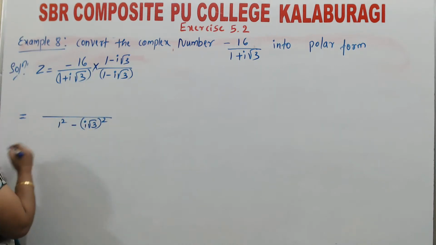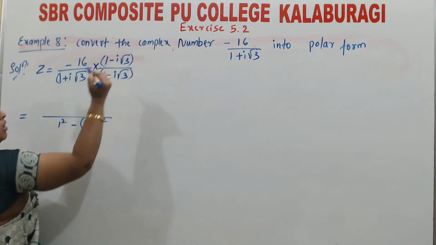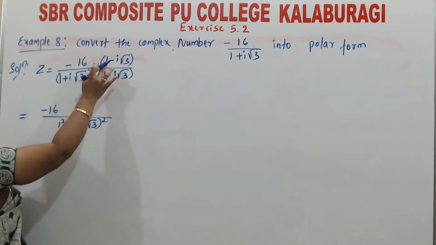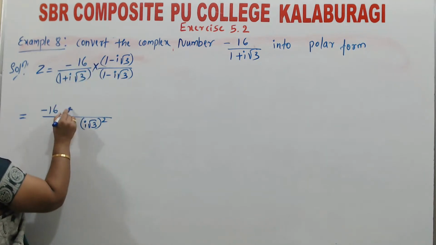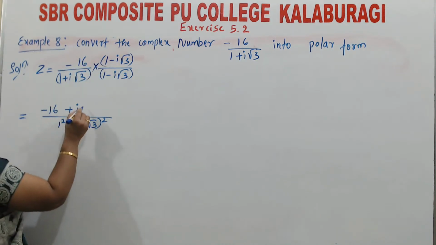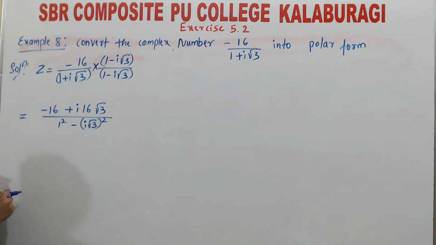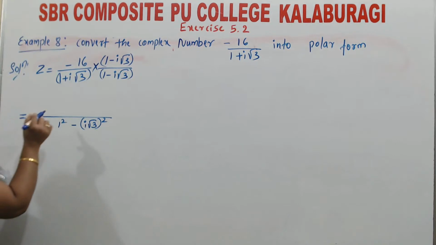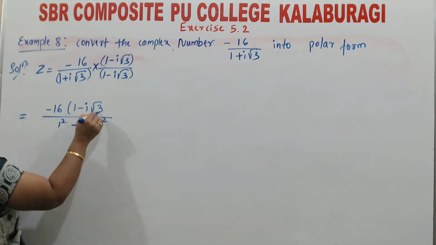In the numerator, we multiply minus 16 into the bracket: minus 16 into 1 is minus 16, then plus 16 into i root 3, which we keep as it is. That gives minus 16 into 1 minus i root 3.